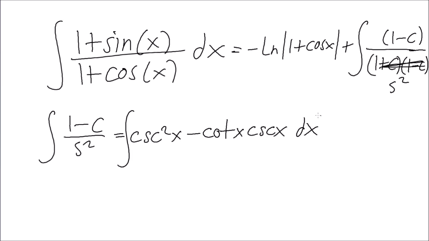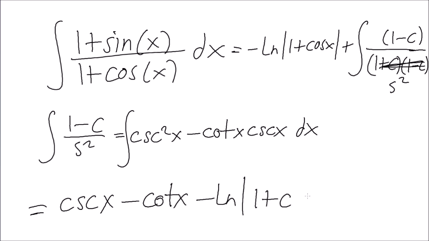Right, and we know these standard integrals. So we could just go ahead and straight up answer this. So this is just cosecant x minus cotangent x minus the ln of 1 plus cosine of x plus c.